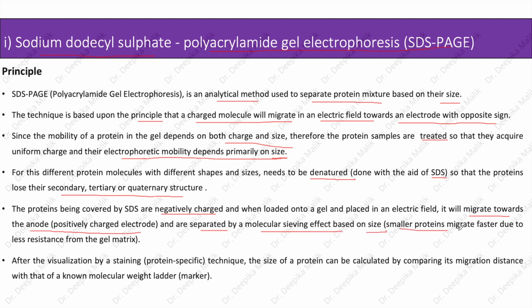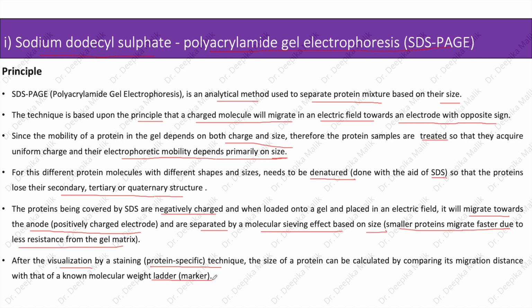Smaller proteins migrate faster due to less resistance from the gel matrix. After visualization by a protein-specific staining technique, the size of a protein can be calculated by comparing its migration distance with that of a known molecular weight ladder or marker.